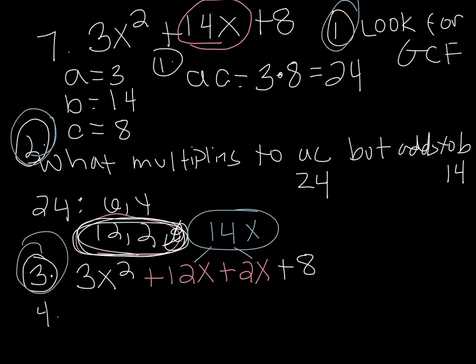When I factor by grouping, you're taking this and splitting it into 2 groups. So I'm going to rewrite it as 3x squared plus 12x, and then plus 2x plus 8. And now your next step is to factor out the greatest common factor from each group.